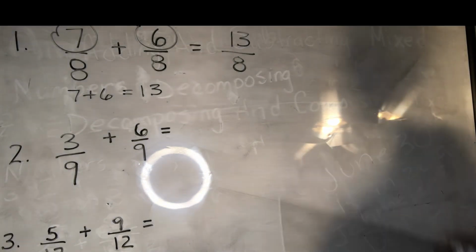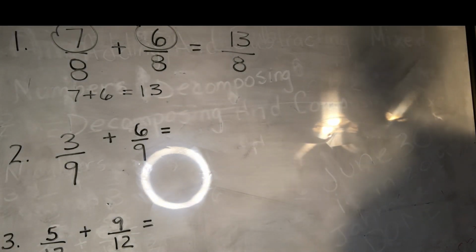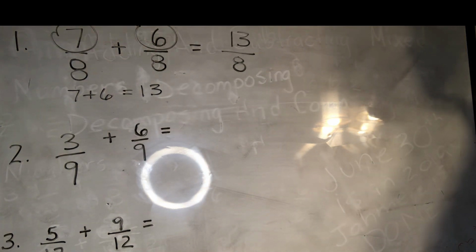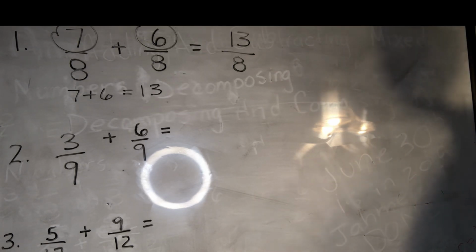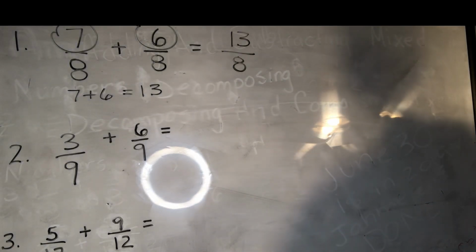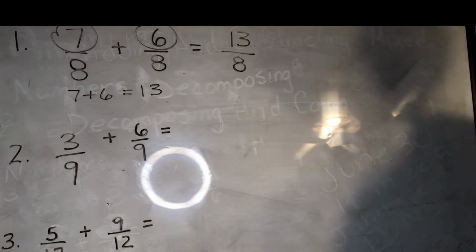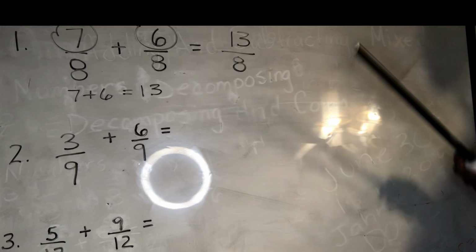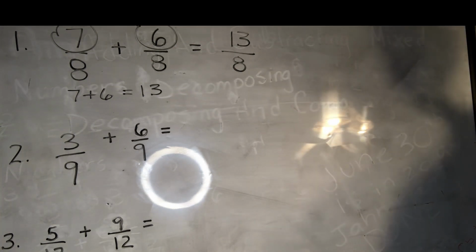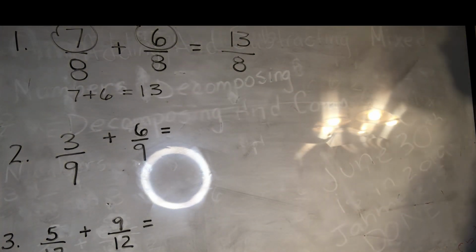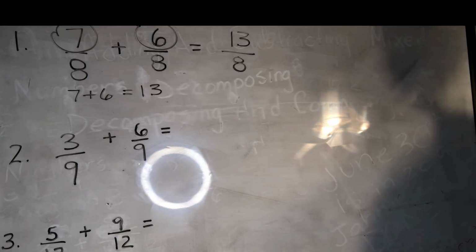Now, we can't leave it like that. Or we can. It depends on the test that you're taking or who you're answering to and what the choices are. But to be efficient in math, you want to know all variations of the answer. So this is an answer to the question. However, it is not the only answer.